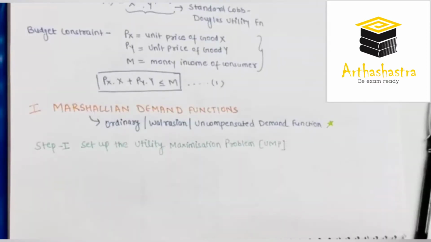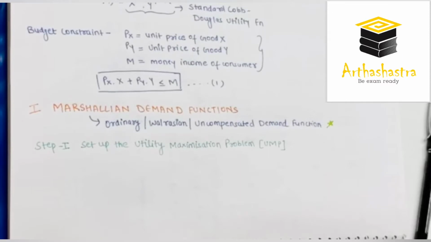Let's first understand what we mean by the utility maximization problem. It is the problem of a consumer who aims at achieving the maximum utility subject to his budget constraint.